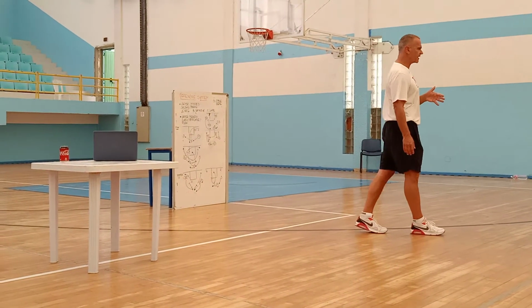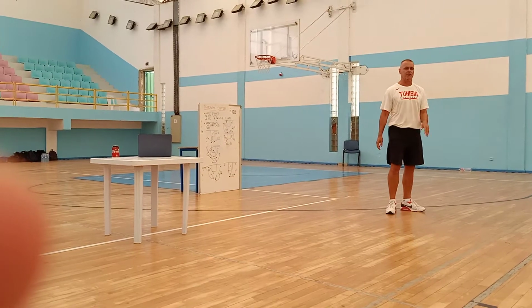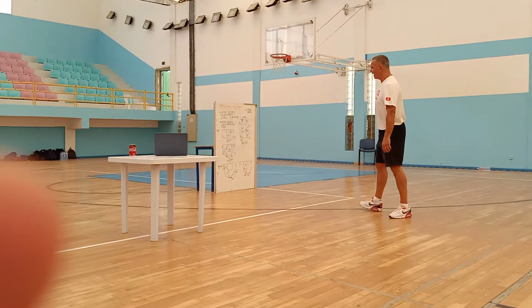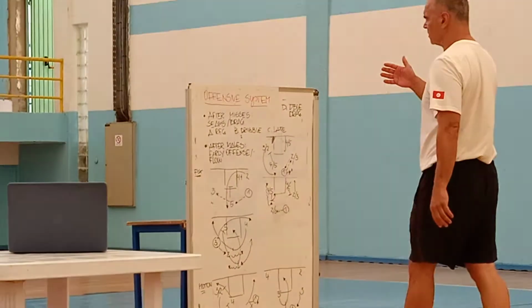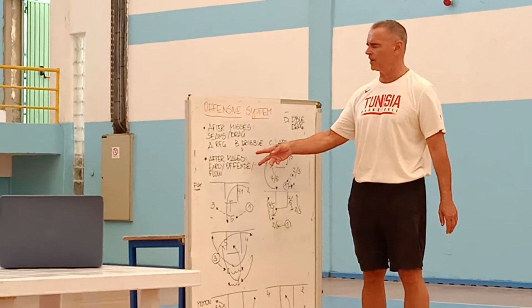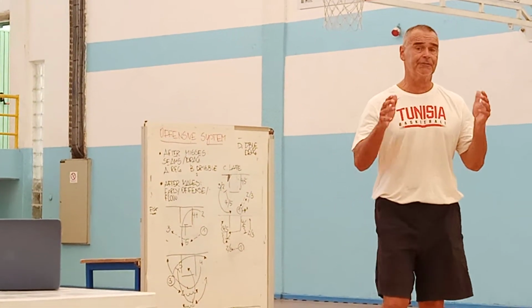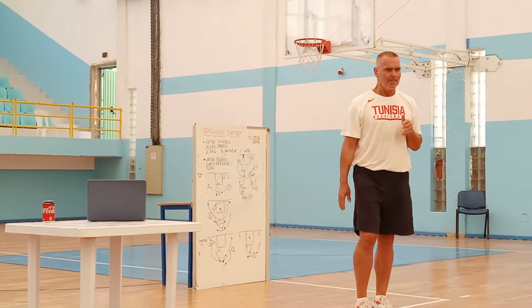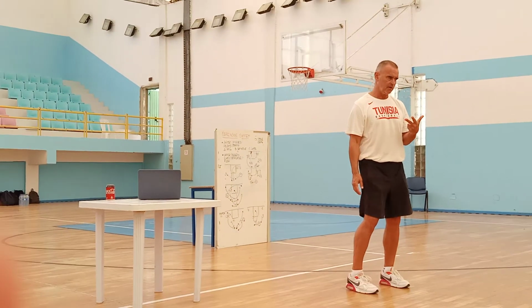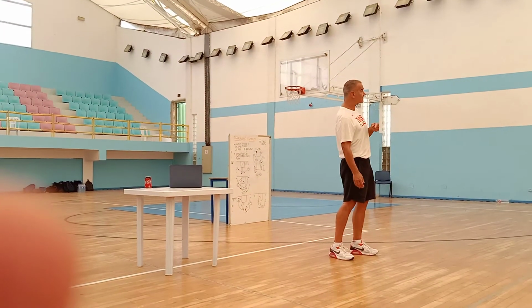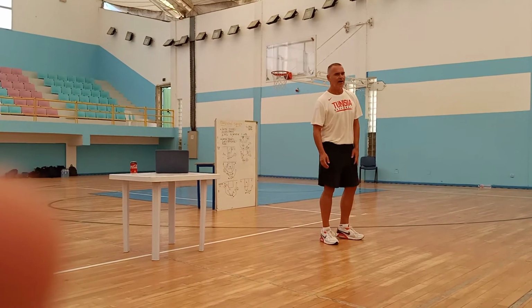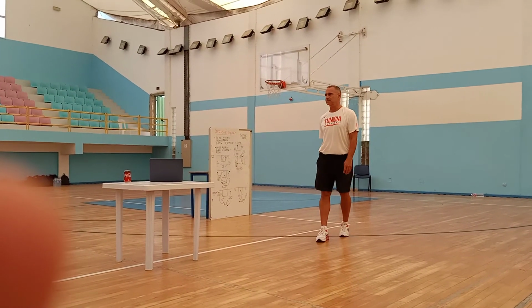So we want to get into offense as quickly as possible. And we have a bunch of different actions that we run. We would usually, out of 10 different flow actions, pick 3 that we think will work the best against that opponent and use them in our next game.